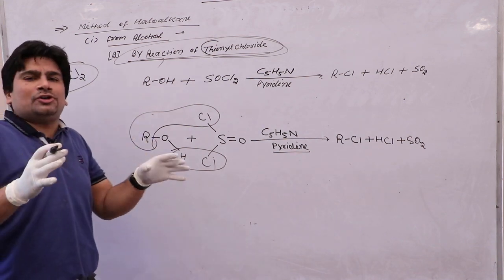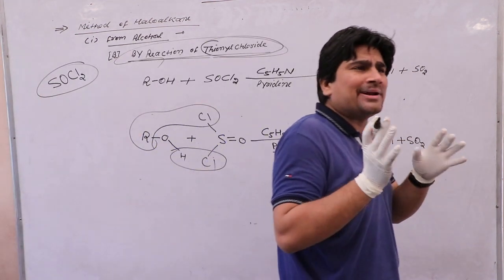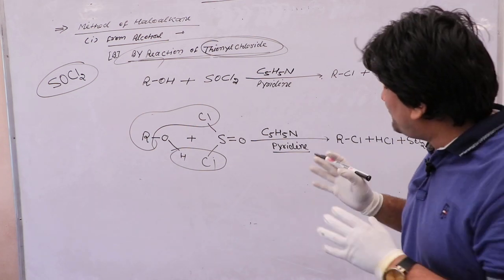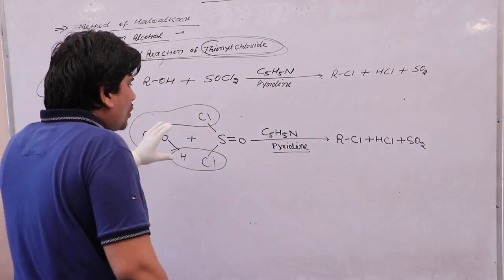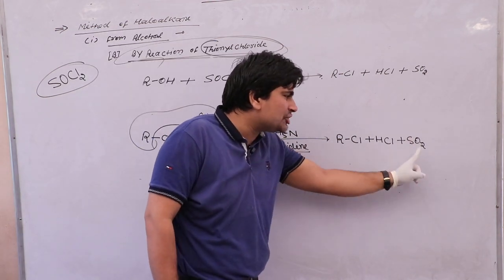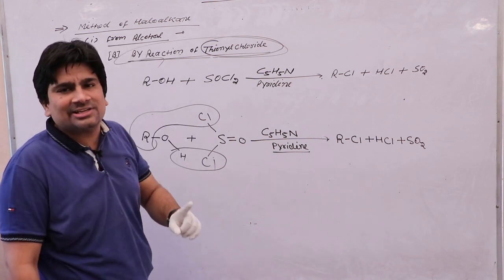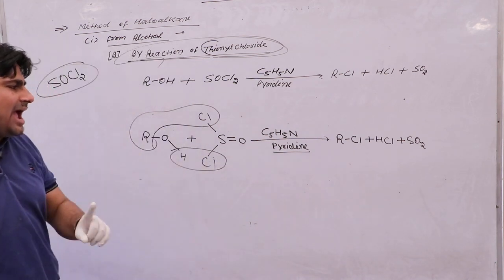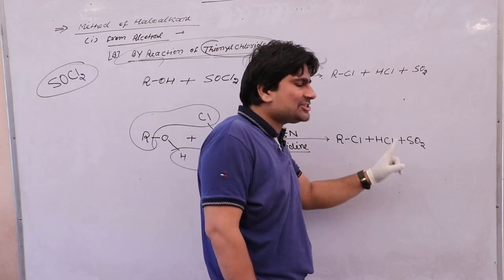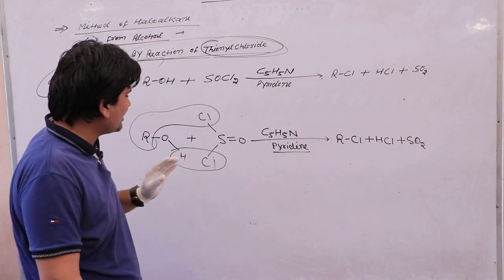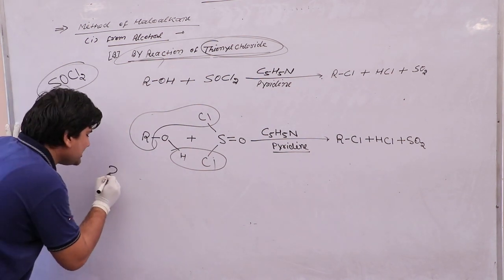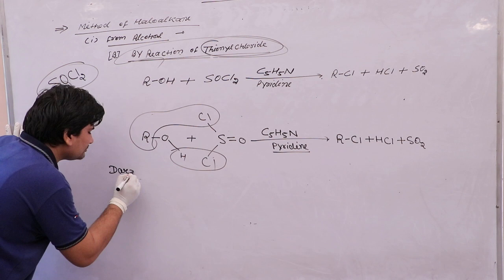It is a good method for preparation of alkyl chloride because the byproducts HCl and SO2 are gases, and pyridine absorbs the HCl. The reaction is also called the Darzens reaction.